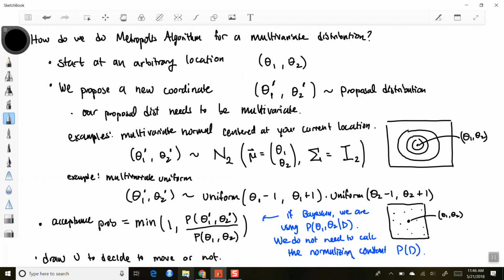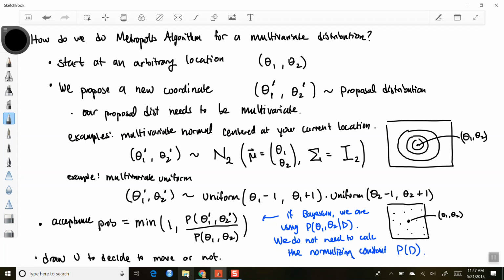Because let's say we have a joint distribution. Our target distribution is a joint distribution over 7 variables, and we're using a multivariate proposal distribution. And maybe the multivariate proposal proposes good, likely values for 6 of them, but 1 of them is really unlikely. Okay, and because that one value is really unlikely, that entire location of 7 coordinates is likely to be rejected because the acceptance probability is going to be very low.